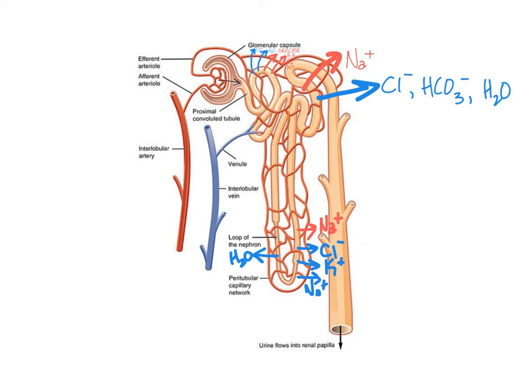The last thing I want to talk about here is that we also have another type of active transport, but it's an active transport of an ion into the filtrate, and this would be hydrogen ions. You can see hydrogen ions being pumped actively into, I'm running out of space here, but let's just draw it here. Hydrogen ions could be pumped into the filtrate.